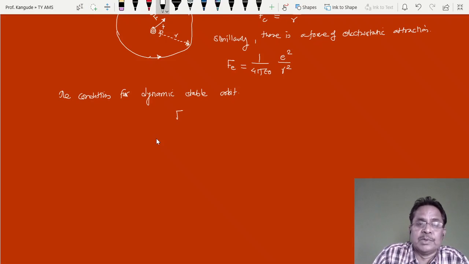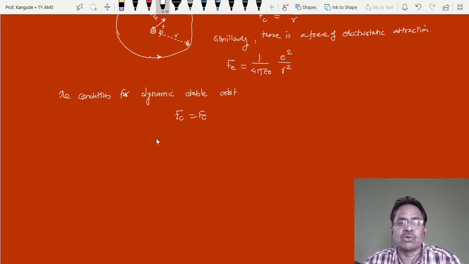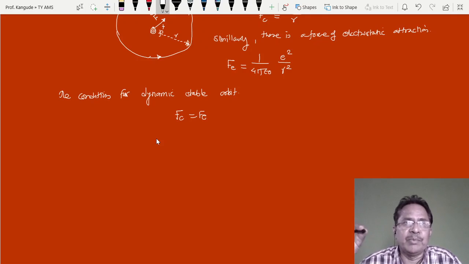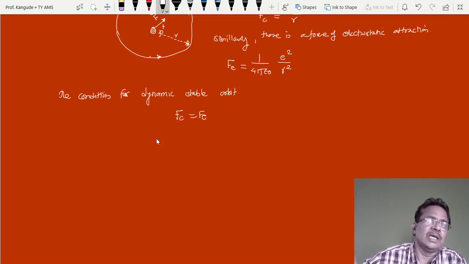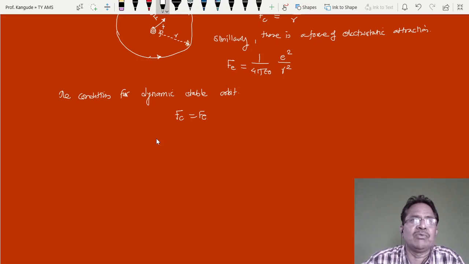These forces must be equal, so Fc must be equal to Fe. If there is some imbalance, if Fc is more than Fe, then the electron will move away from the nucleus. If Fe is more than Fc, then the electron will get attracted toward the nucleus, and the stability of the atom will be a problem. To have a stable existence, both these forces must be equal to each other.